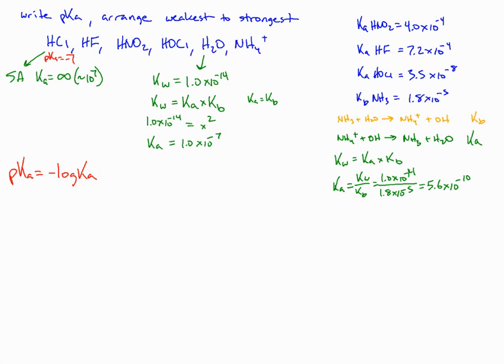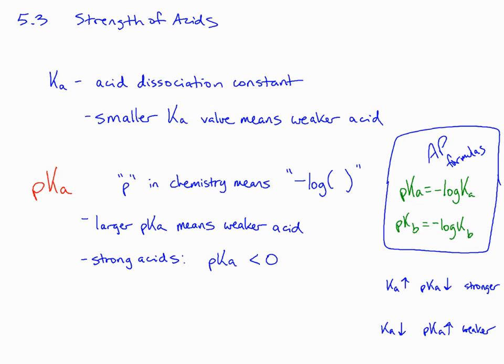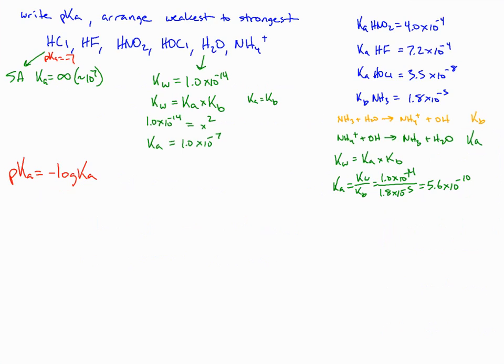And none of the other ones are likely going to be negative, but remember, on the previous page, we had said that strong acids have a pKa less than 0. And so for a strong acid, this is going to be okay.